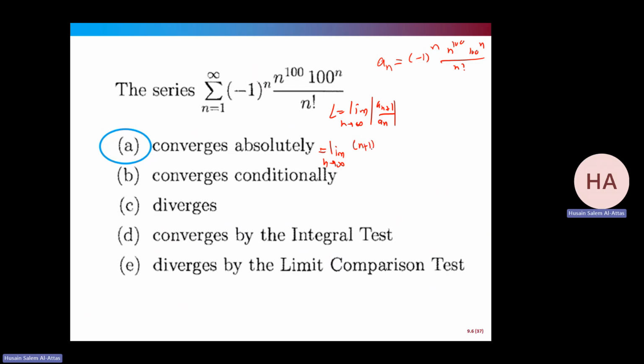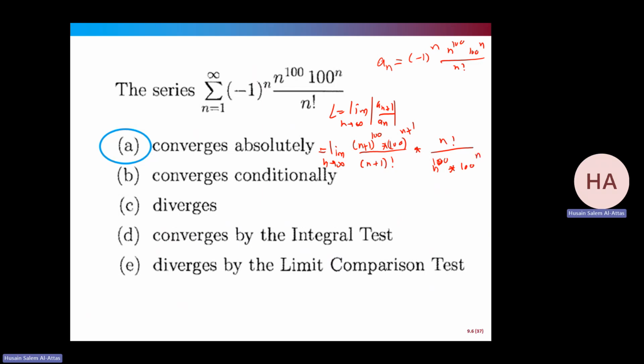So you have (n plus 1) to the power 100 times 100 to the power n plus 1 over (n plus 1) factorial, times the reciprocal of this, n to the power 100 times 100 to the power n.